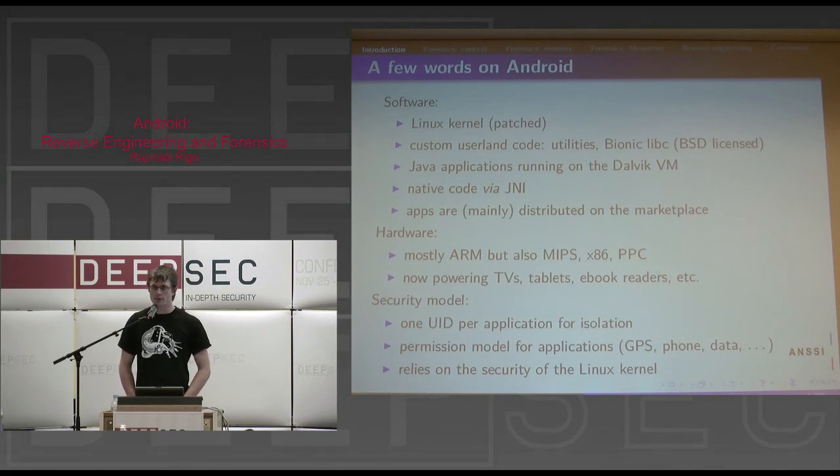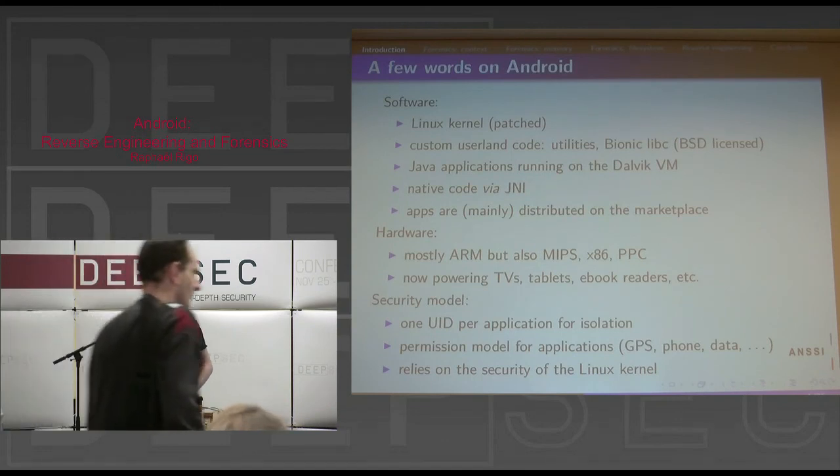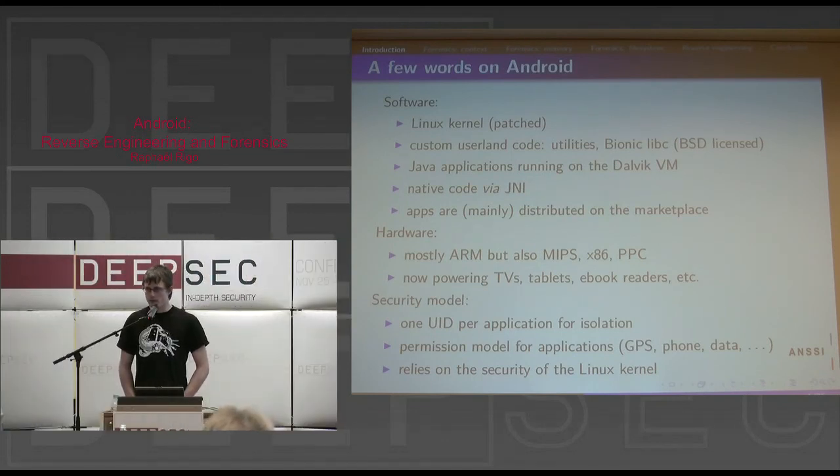But what's really specific about Android is the userland code, because the utilities, the binaries and the libc are completely different from your usual Linux system. Instead of GNU utilities, you have custom ones, and you get the bionic libc, which is not the GNU libc. So it makes some pretty big differences.